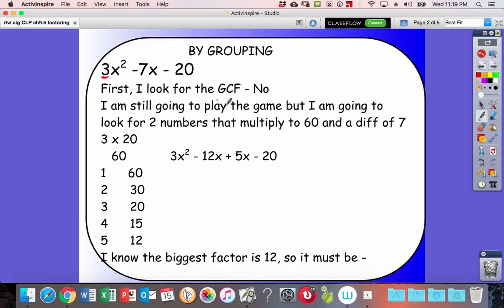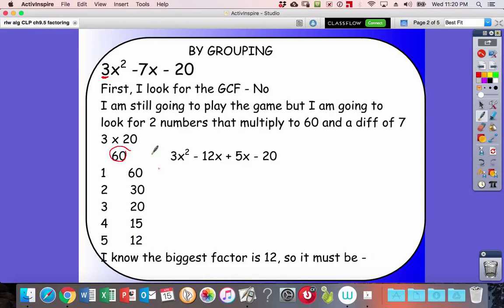I'm still going to play the game in the sense that I'm going to look for two numbers that multiply to, this time, 60. I'm going to take the 3 and multiply it times the 20 and I get 60. I'm going to show you how that works. When I factor these, I get 1 and 60, 2 and 30, 3 and 20, 4 and 15, 5 and 12.